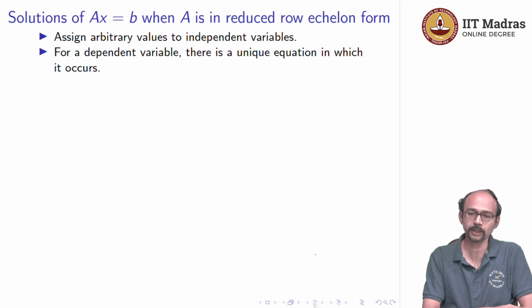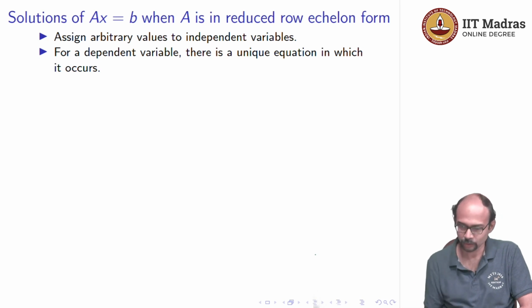There is a unique equation in which it occurs, right. If you look at the first example, 102 and 013, x1 occurs in exactly one equation, it occurs in no other equation. Similarly, for the second example, x1 occurs in only one equation, x3 occurs in only one equation, x4 occurs in only one equation. So, from those equations we can find out their values. Okay.